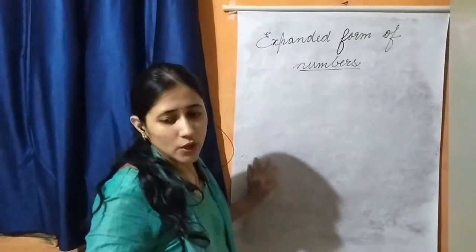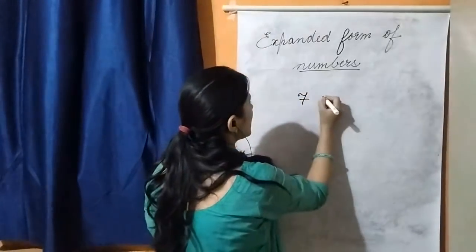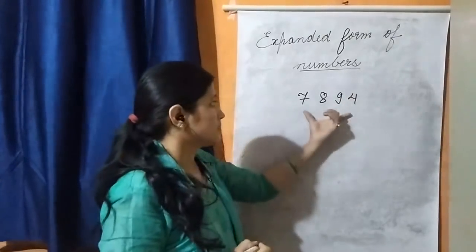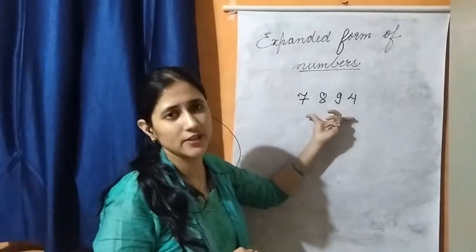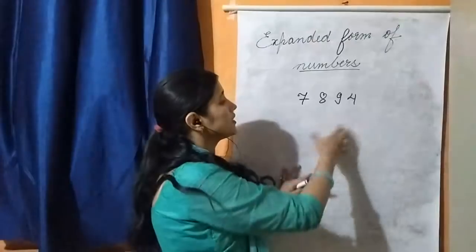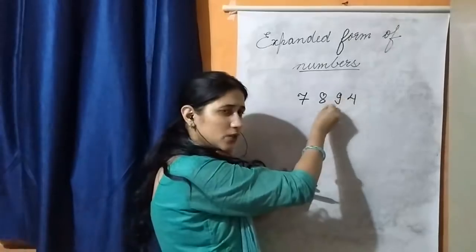Okay children, now look at the number 7894. Look how we have written this right now. This is the standard form of the number. This is standard form because here we have combined the face value of each digit.